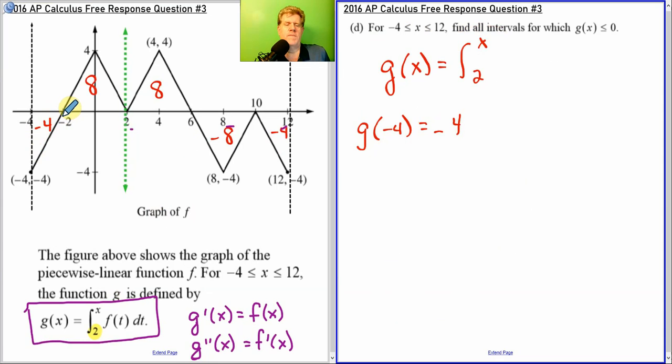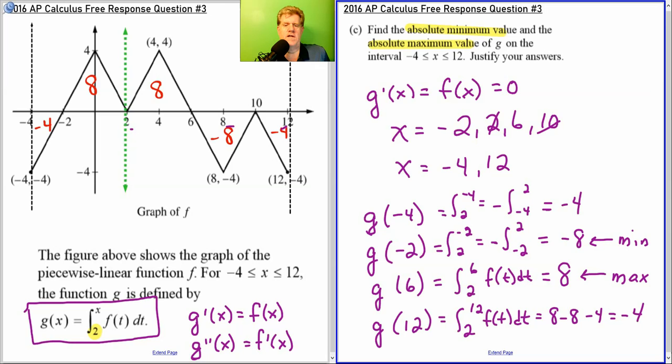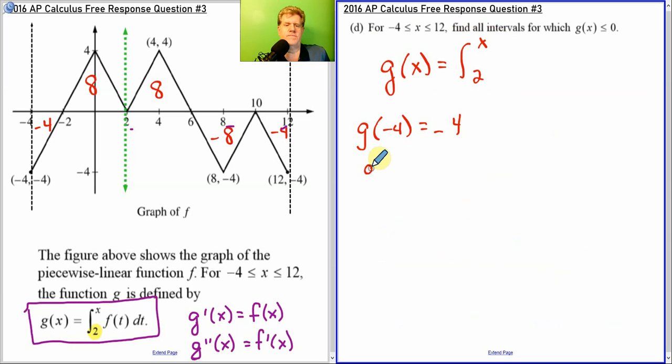Now, what's going to happen? Let's look at the next one we got. We said that g of negative 2 is negative 8. So we got a little bit more negative. Now, what's going to happen here? Or think about it this way. What would g of 2 equal? You don't have to think about anything. G of 2 is right here on the point.